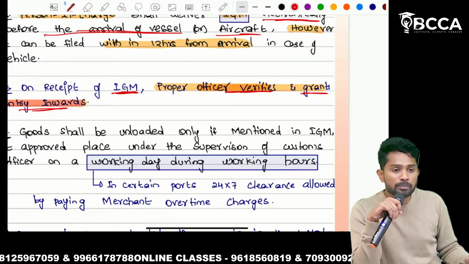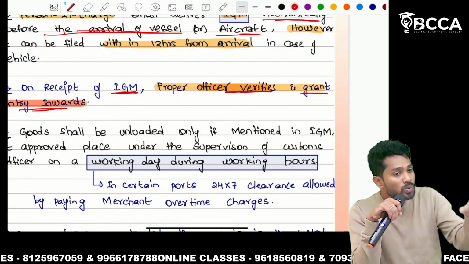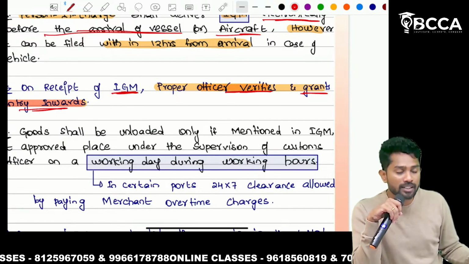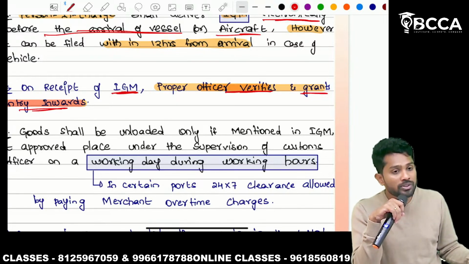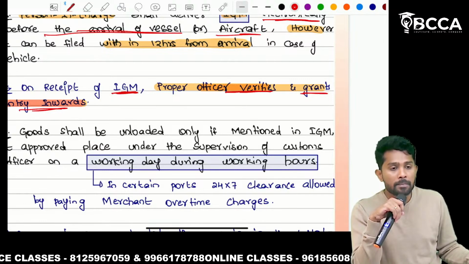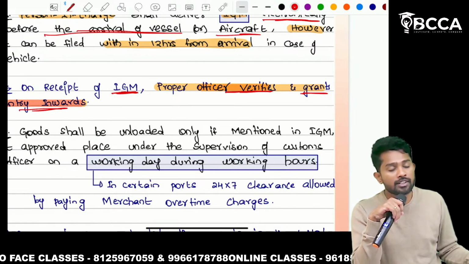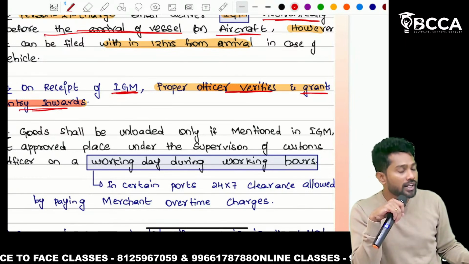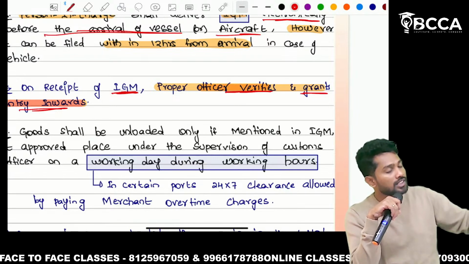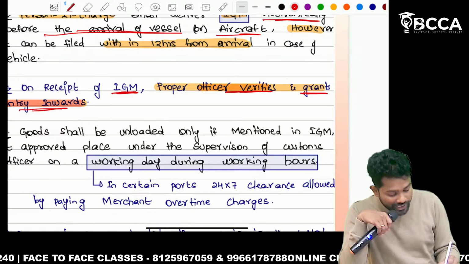IGM means Import General Manifest, which consists of details of the goods being carried in that particular ship. Such an IGM has to be filed before the arrival of the vessel. In case of land route, it can be filed even after arrival, but within 12 hours. Once the person in charge files the IGM, the customs officer will verify it and then grant entry inwards.